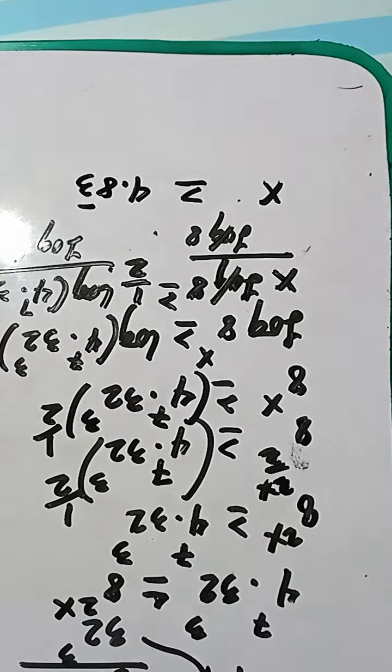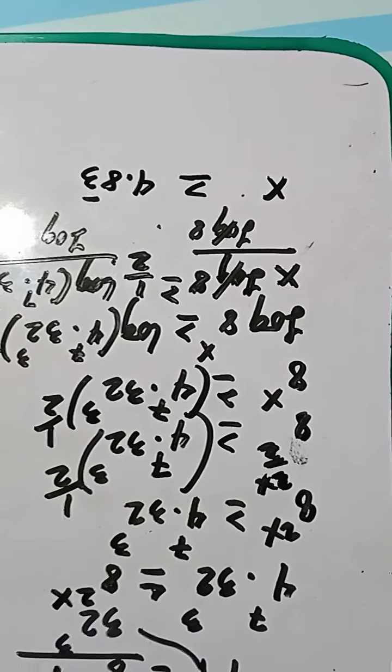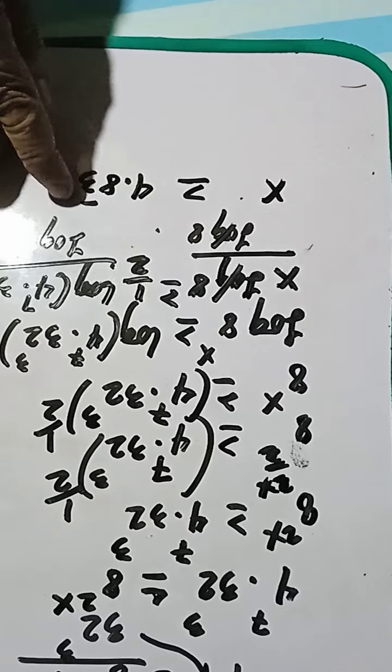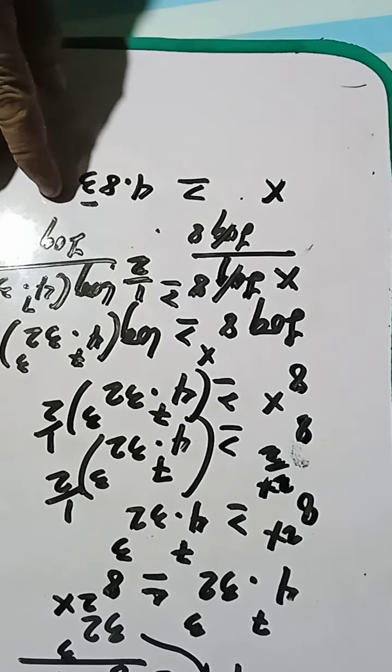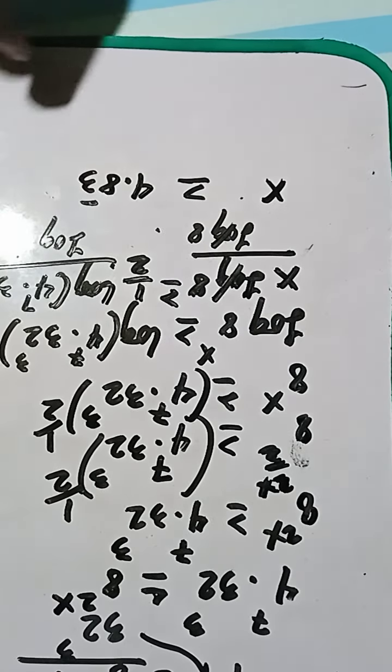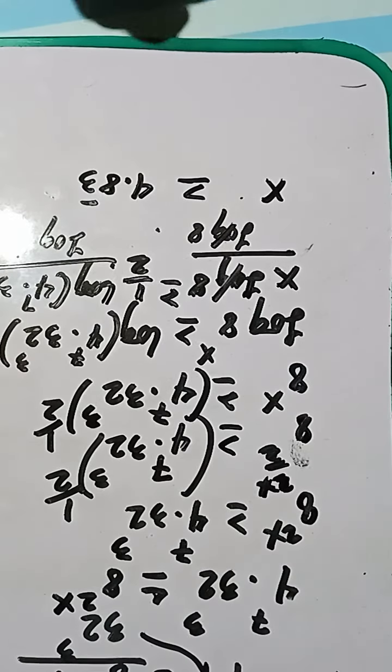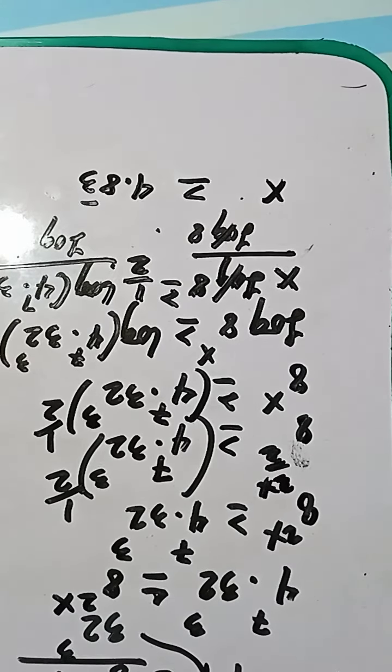The ellipsis means that this is a non-terminating decimal.